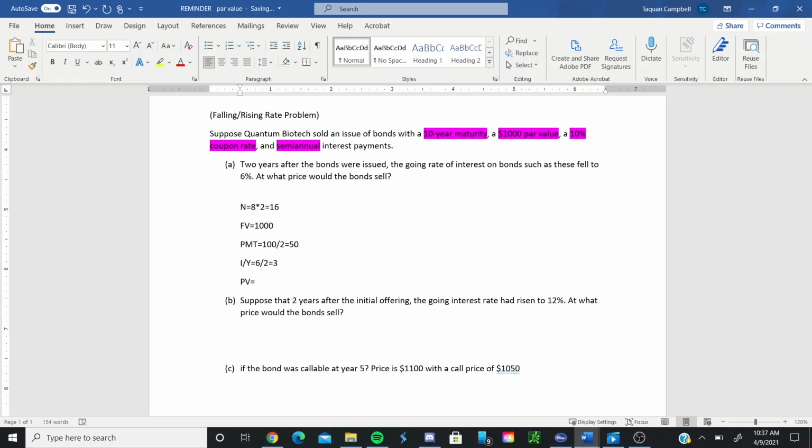So now you want to come over to your calculator. For those of you who don't have a finance calculator, you can get the free app called BA Calc. It's in the App Store and the Google Play Store. I know a lot of professors allow you to use your phone to save on the cost of buying an actual finance calculator.